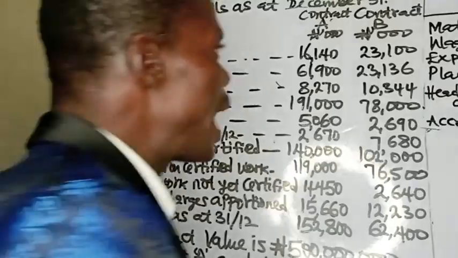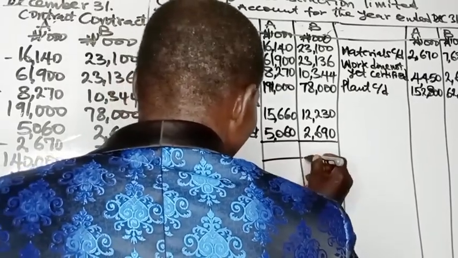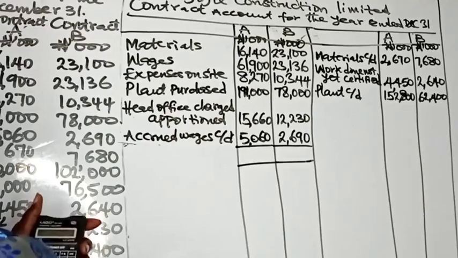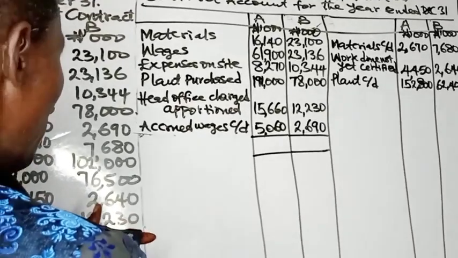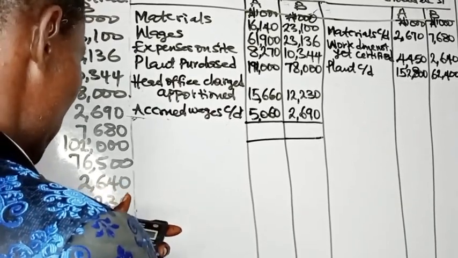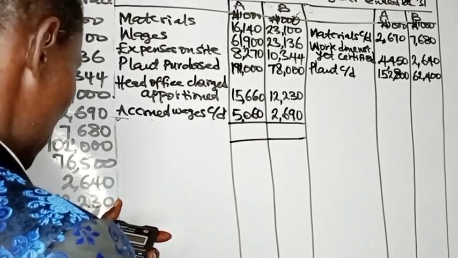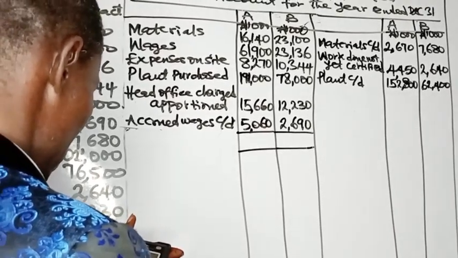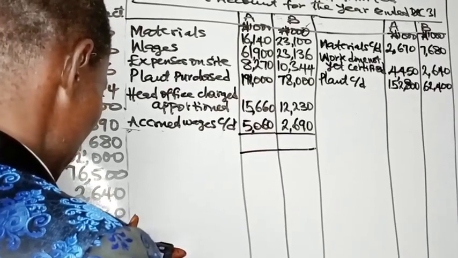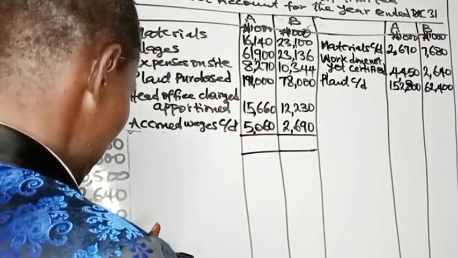So let's total the two sides of the contract. How much do you have? At the debit side, contract A, 16,140 plus 61,900 plus 8,270 plus 191,000 plus 15,660 plus 5,060.